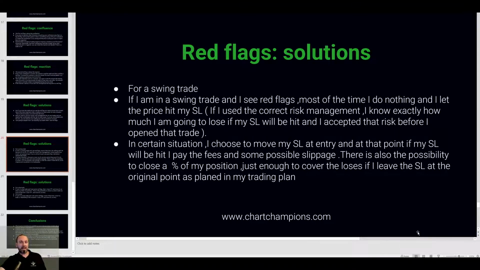And I leave my stop loss at the original position. That way, I maximize the possibility for that trade to actually play out, like I said, if we see some sort of retest or stop loss hunt. But at the same time, if my stop loss is hit, then I lose nothing. I pay the fees and possible slippage, but other than that, I lose nothing.